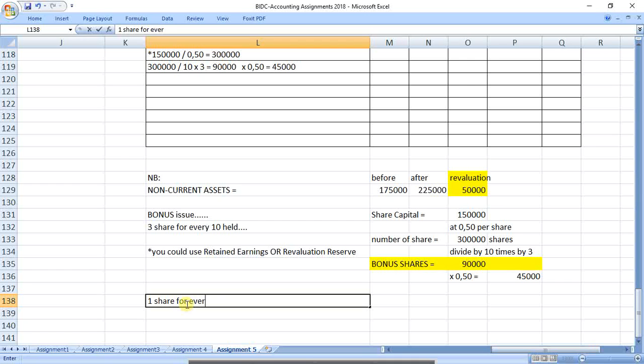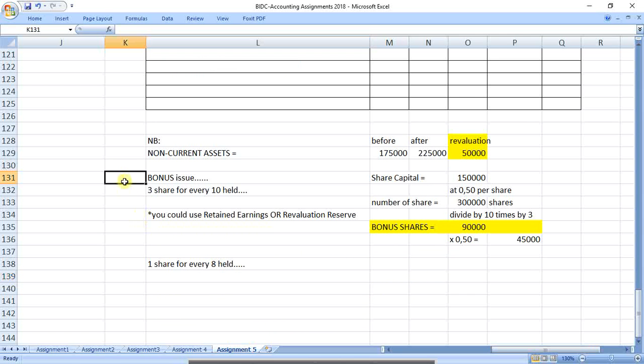The ordinary shares were offered at a price of 0.80 per share and the issue was fully subscribed. But now what date are we sitting at? 30th of September 2016. The bonus issue, what date was that made? Because we might have to take the bonus issue into consideration. 30th of June. Okay, so that does make a difference.